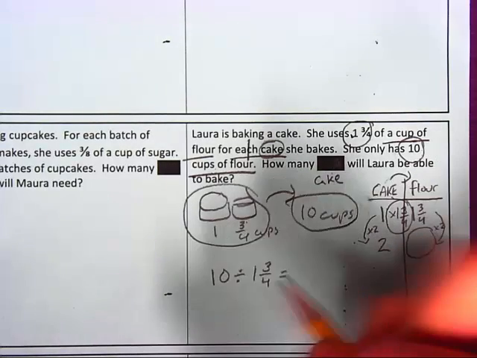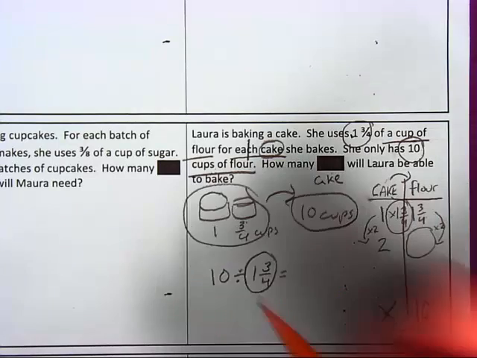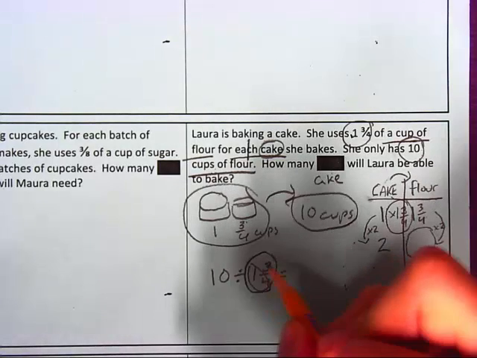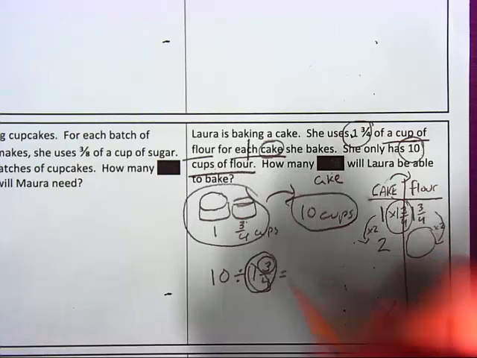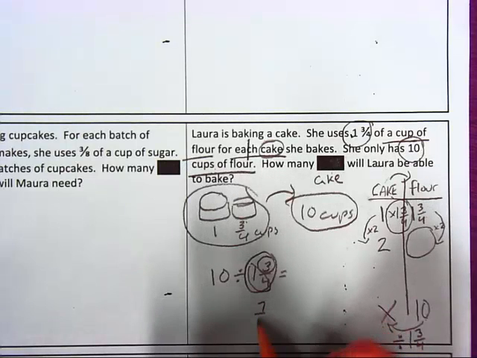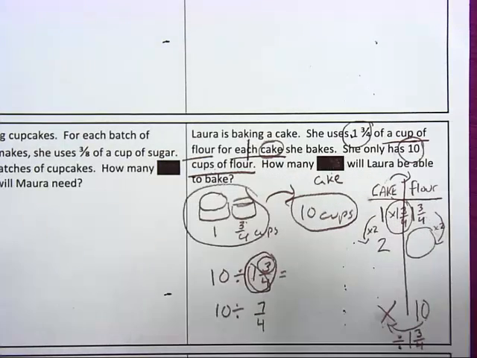So first things first, I'm going to look at that 1 3/4. I'm going to change it to an improper fraction. So 1 times 4 is 4 plus 3, 7. And I'm going to start with that 10, right? So 10 divided by 7/4.